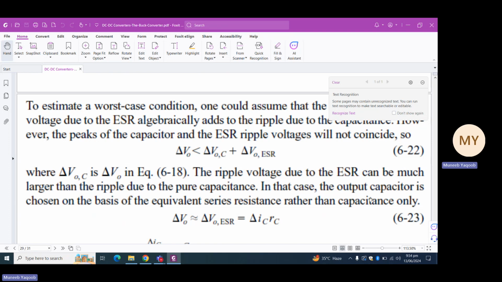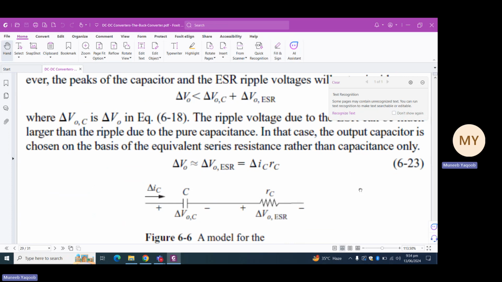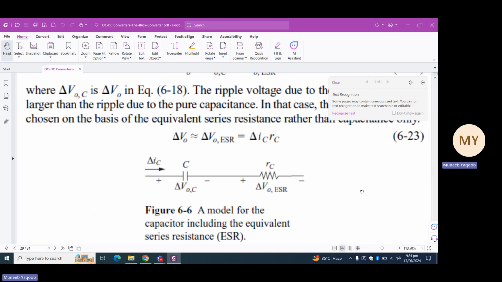So we can approximately say that the ripple voltage due to ESR is the ripple of the buck converter. This is the equivalent circuit diagram for the capacitor, including the series resistance.